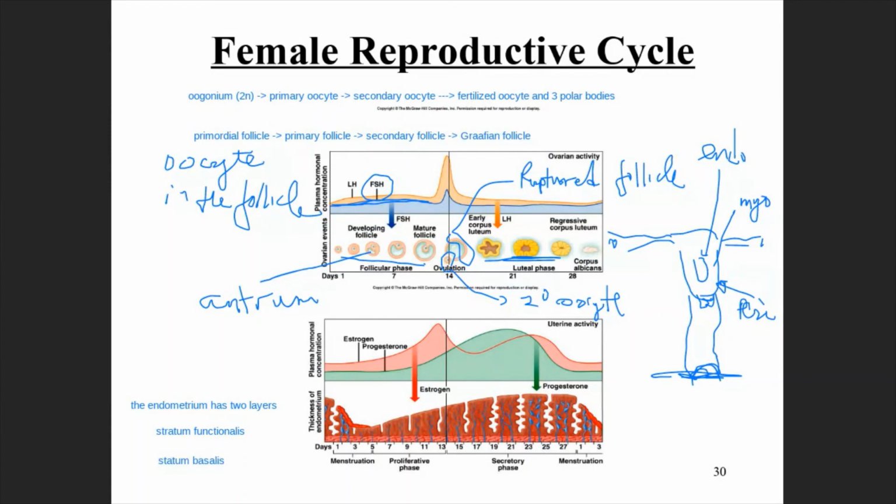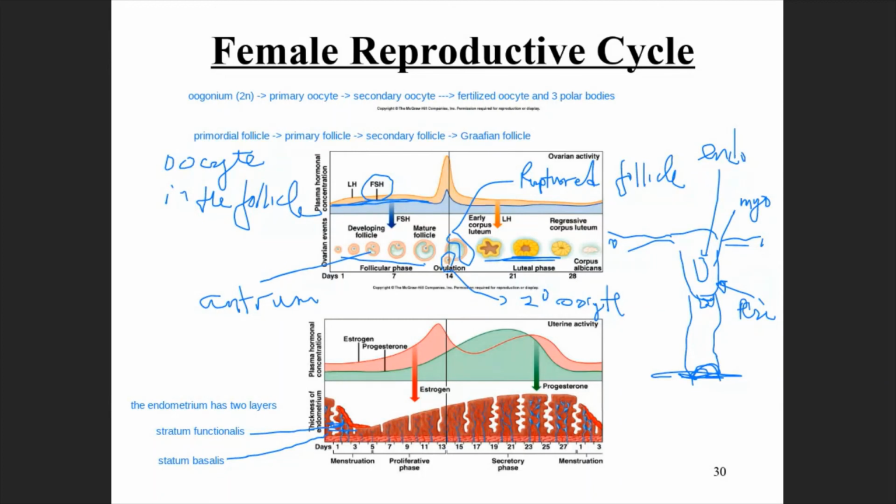Okay, so there's two layers. So this layer right here, right about there, is the stratum basalis, and then on top is the stratum functionalis. Right?